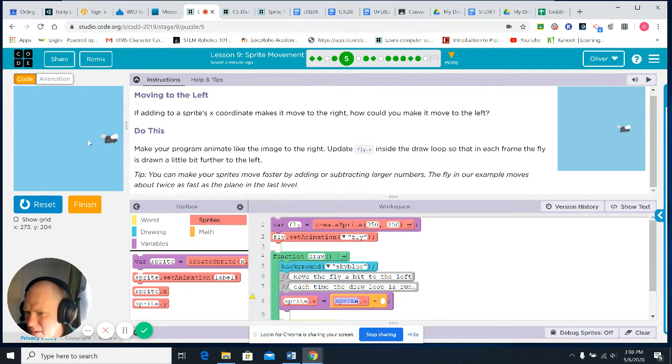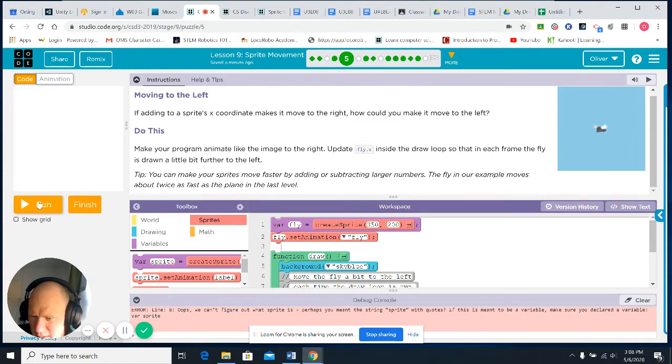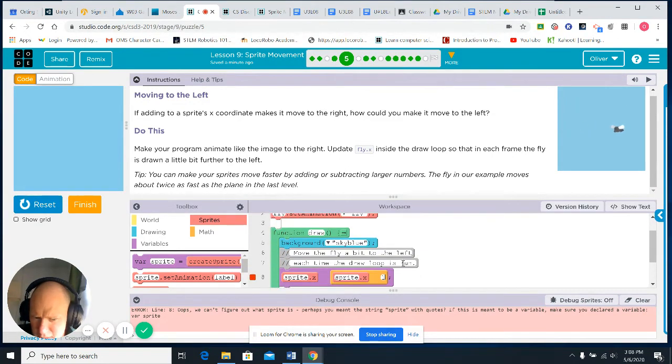If I move my cursor right or left, X is the only one moving. Sure, maybe Y moves a little bit, but only because I made a mistake. X is getting smaller. So let's say minus 1. Sprite X equals Sprite X minus 1.